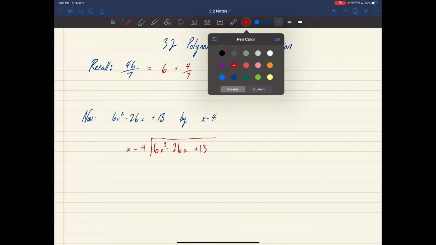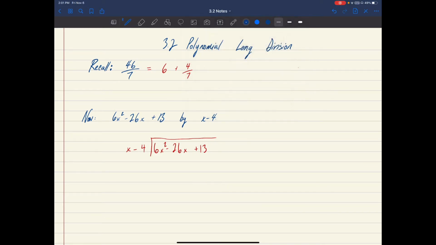These problems are really hard to look at once they're completed. It's hard to know where all the numbers came from, so I'm going to go slowly through explaining this. We take our first value under our sign, 6x squared, and divide that by x.